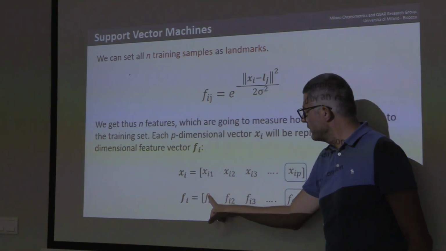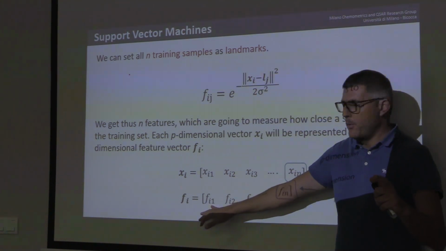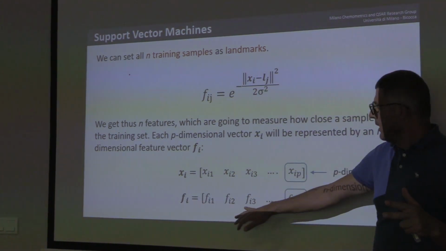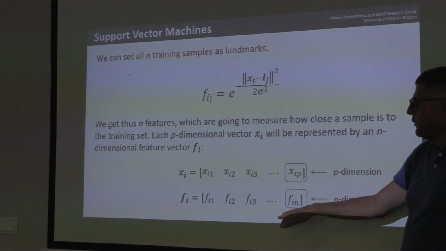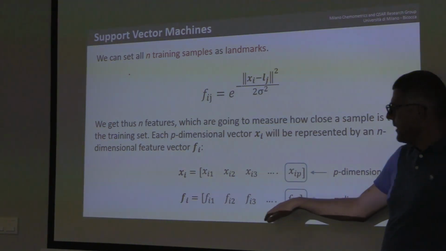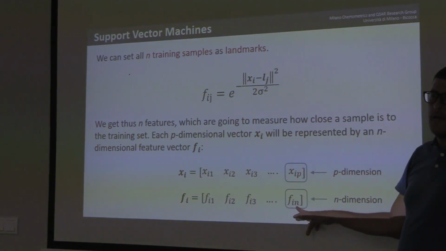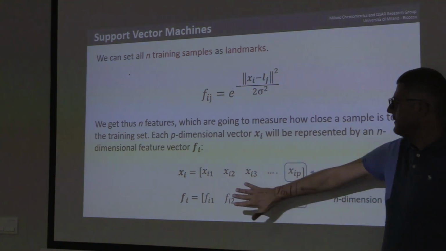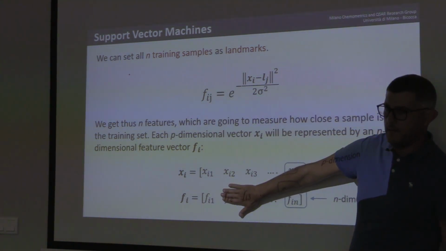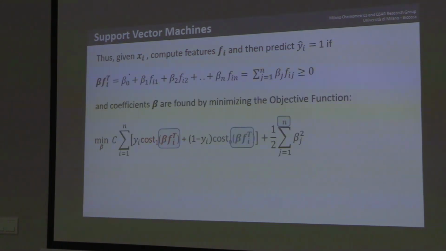So the new features will be similarity with respect to the first training sample, to the second training sample, to the third training sample, and so on, until the last training sample. So how many features now do you have? 500, if you have 500 training samples. And then you use this data to do support vector machine or whatever you want.